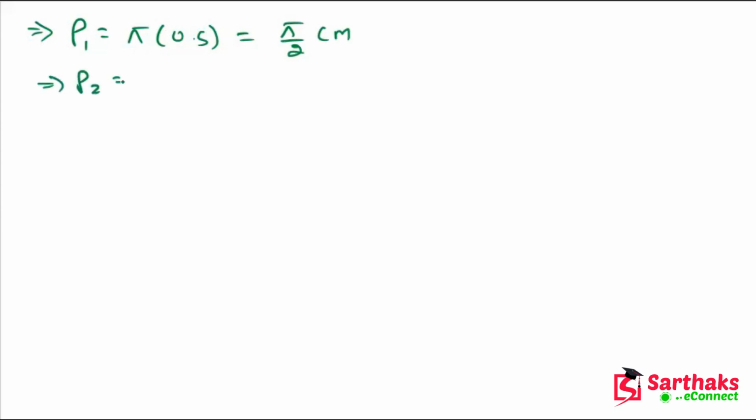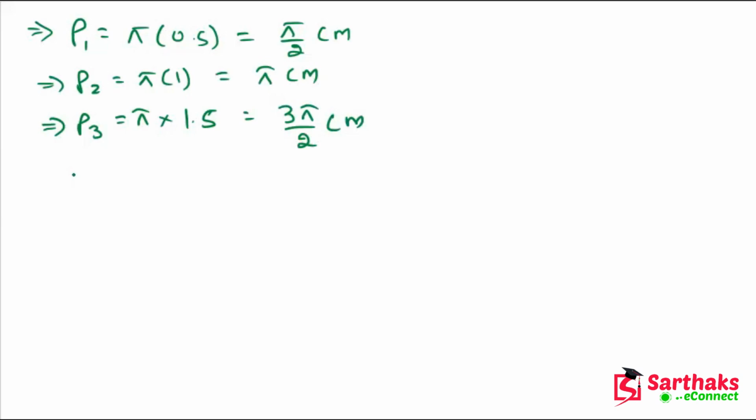Now P2 is equal to pi into 1, which is equal to pi centimeter. P3 is pi into 1.5, which is equal to 3 pi upon 2 centimeter. Here P1, P2, P3 are the lengths of semicircles.